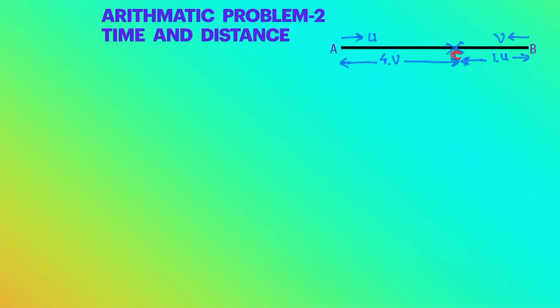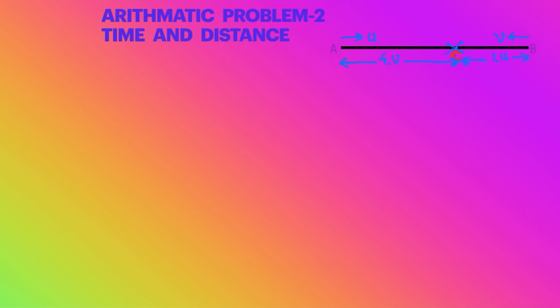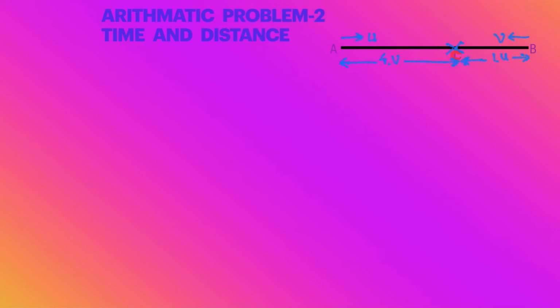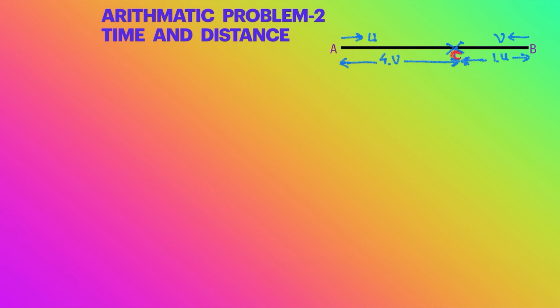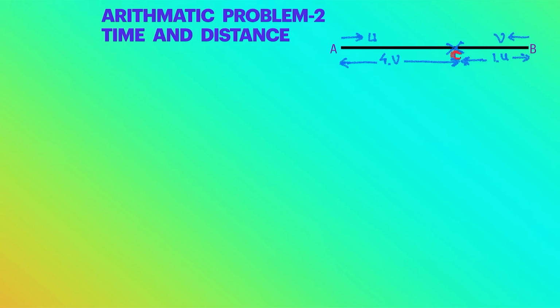point. So clearly this AC and BC will be directly proportional to their speed, because we know speed and distances are directly proportional if the time is constant.